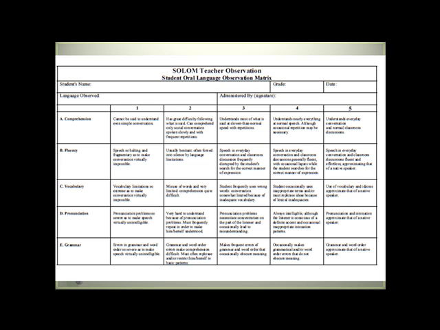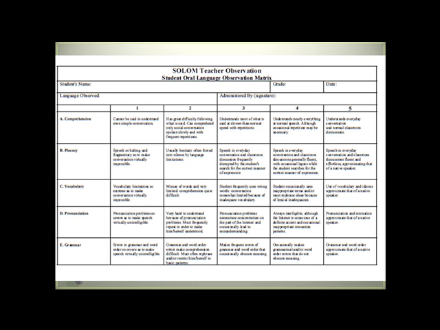An example of comprehension at the low end would be that the child cannot understand even a simple conversation. Say you're talking to them and they just look at you without even responding. You do have to remember, though, that they may be in the silent stage, so they may not be ready yet to converse with you.